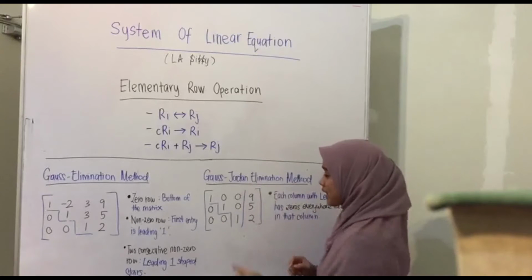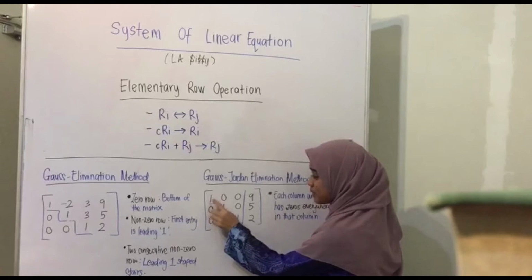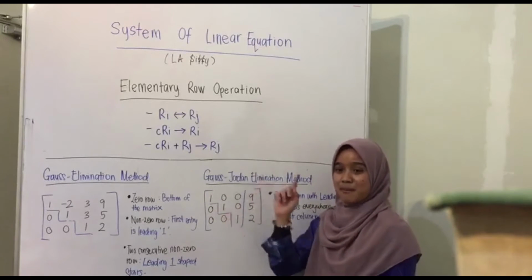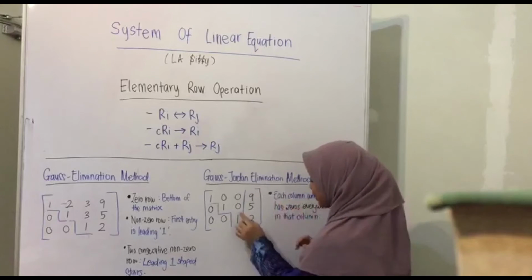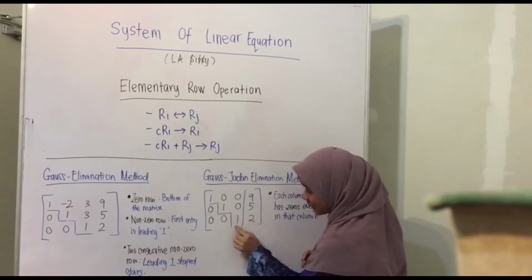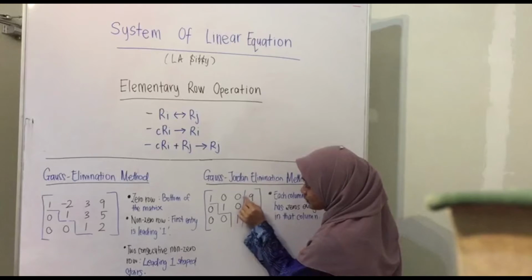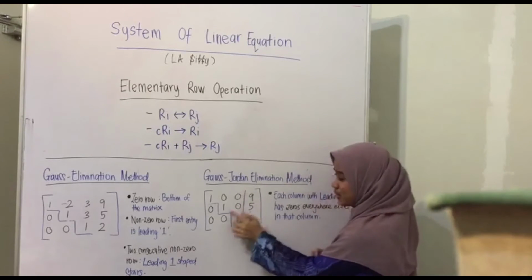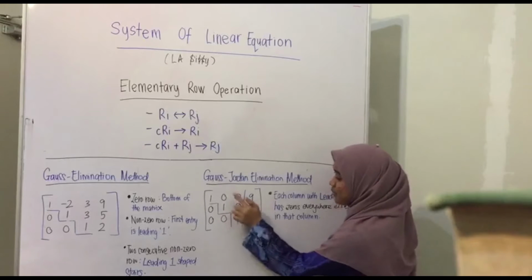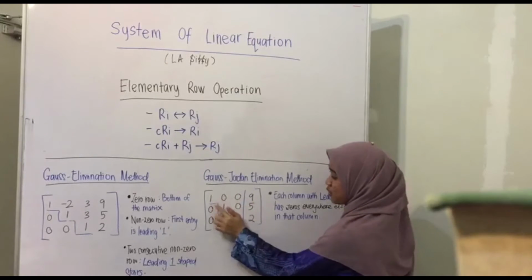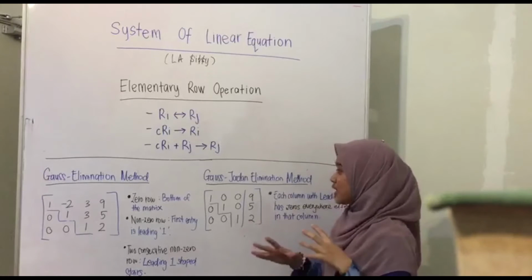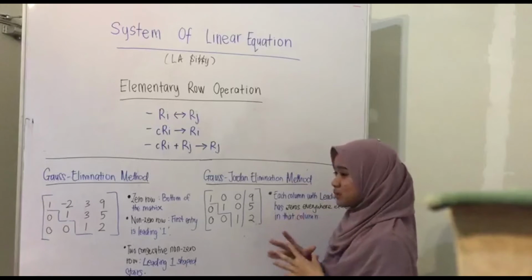That means the entries above and below the leading one must be all zero. So this is the leading one, and everything above and below the leading one is zero. That is the Gauss-Jordan elimination method.